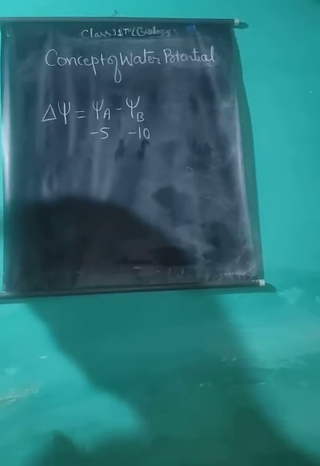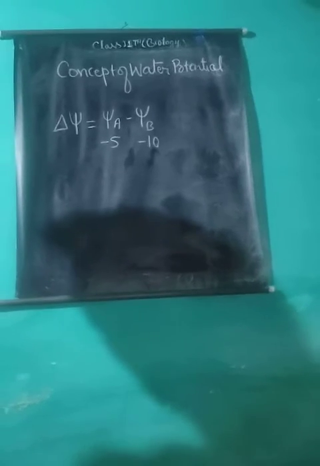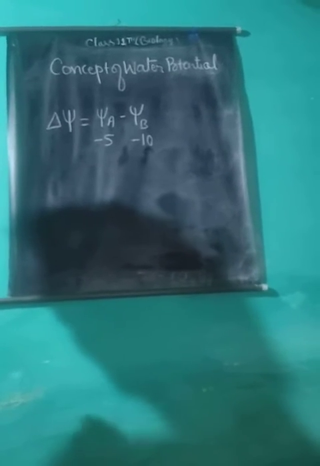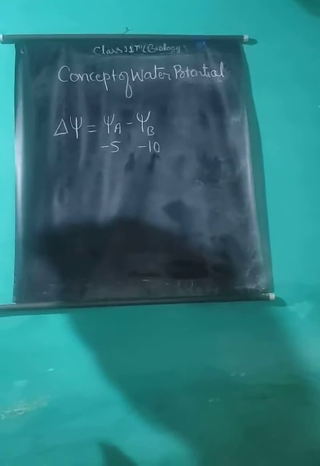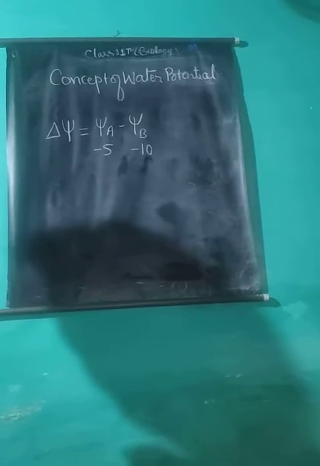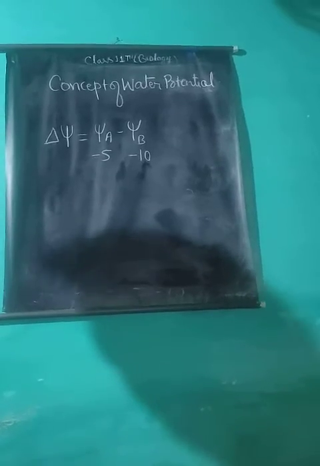Thus, the water potential of a solution is decreased and comes to a negative value, that is less than 0. Due to this reason, the water potential of a solution is always less than 0, in negative sign.